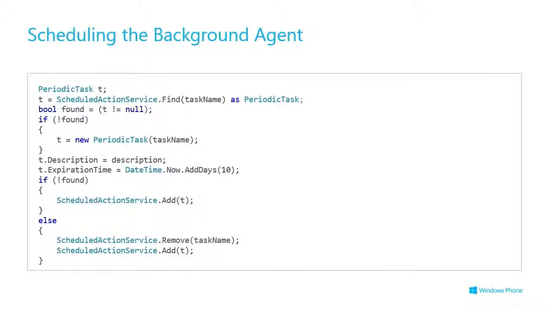You have to renew the running of this thing. Every time your user runs the foreground app, you're going to renew the scheduling of the task, the background agent. If your user doesn't run the foreground app, then when that 10 or 20 days that you've put on the expiration time expires, the OS will stop running your background agent.